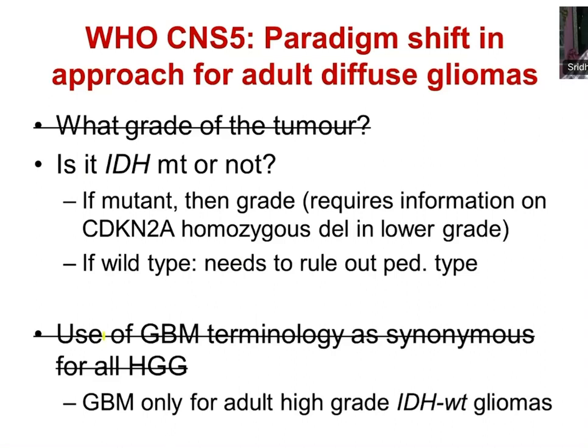Rather than astro or oligo morphology or grade, you first ask whether it is IDH mutant or not. If mutant, then you need surrogate information for CDKN2A deletion or not. If it is IDH wild type, then think of glioblastoma. The term glioblastoma is not used for grade 4 IDH mutant tumors.